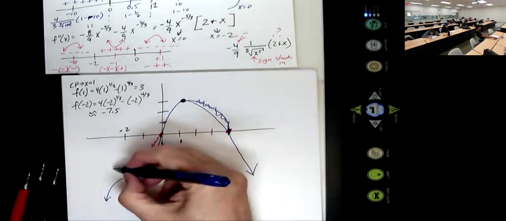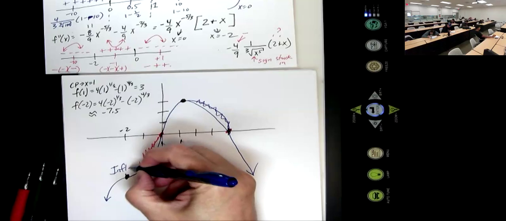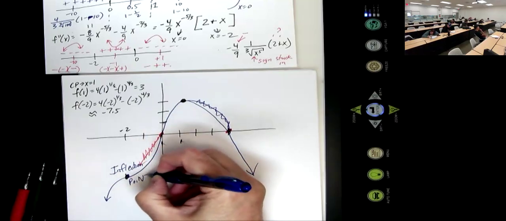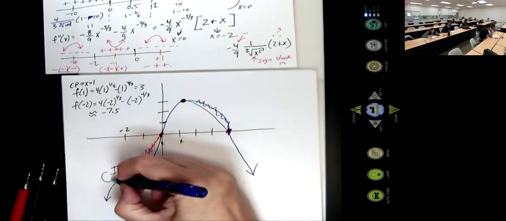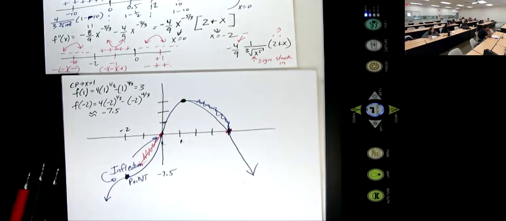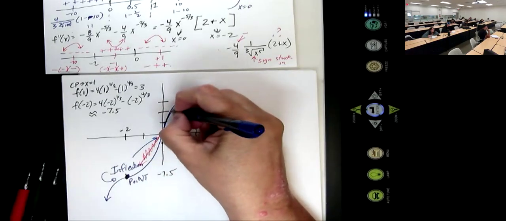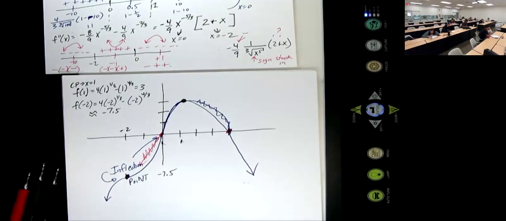And these are called the inflection points from that second derivative. It's not perfect, but it gives us a good idea where everything's at.